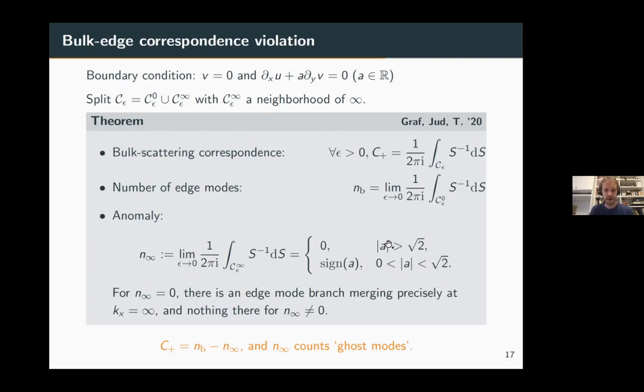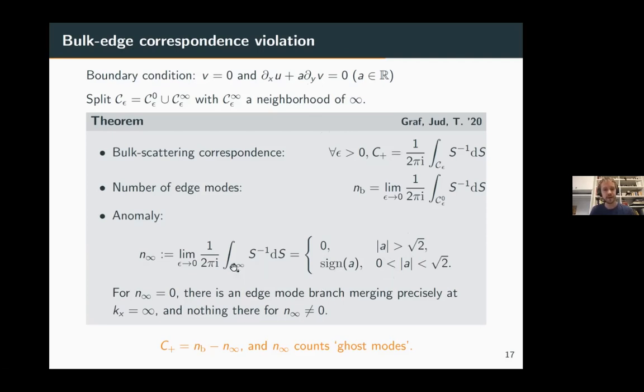For A greater than square root of 2, this number at infinity is actually 0, which is good news. But the theorem is not only about its value, it tells you that there is also an edge mode branching precisely at infinity. I'm going to give an example in the next slide.